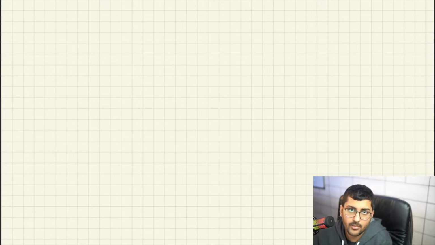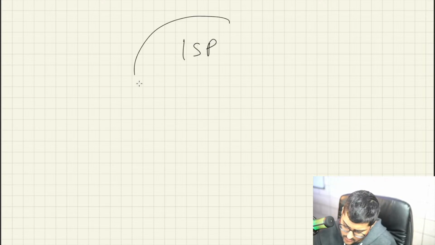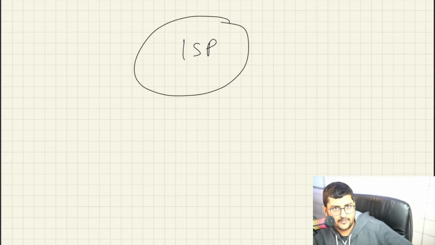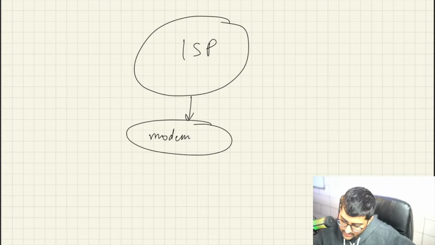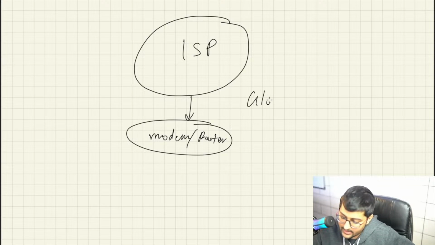Okay, let's think about this. This is how it actually works. This is your internet service provider. Mine is Airtel, for example. Your internet service provider gives you a modem, or your modem and router or whatever. This is going to have a global IP address.